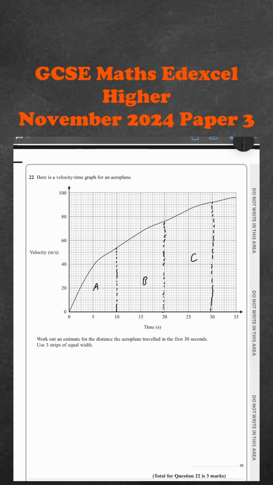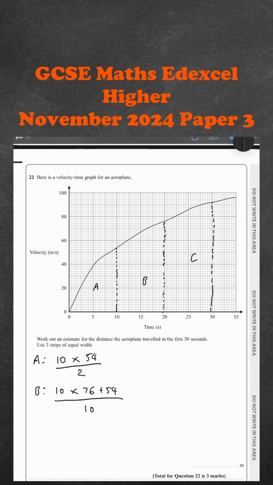So for A, it's going to be a time of 10 multiplied by, what is that, 54 over 2. For B, it's going to be a time of 10 multiplied by 76 plus the 54 over 10.